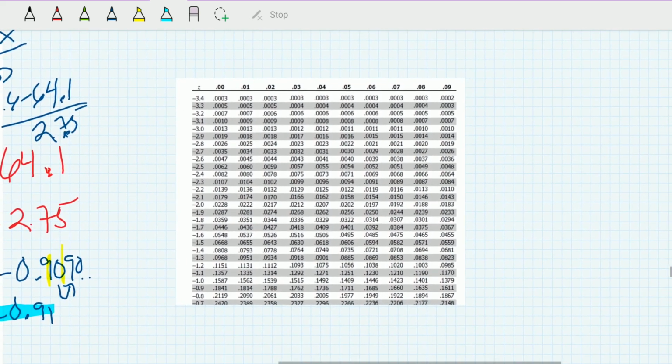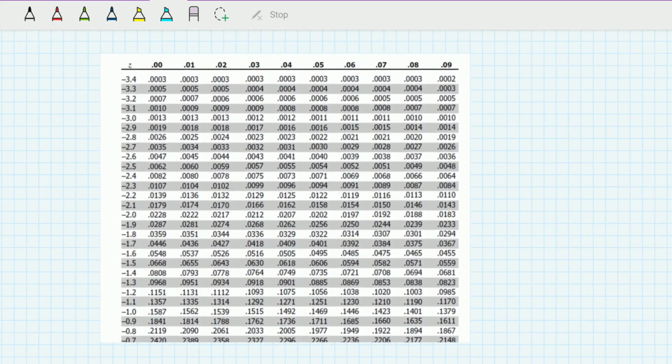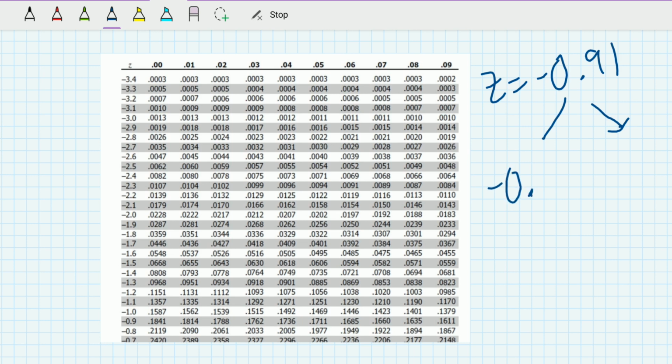Since it's a negative, I already have the negative page here, okay? Remember, you break it up into 2 sections. The first one is going to be the integer plus the tenths place, and then the second one is going to be the second number. Remember, it's always going to be 0.0, and then you just bring that number down, so it's going to be a 1. Okay, so these are the 2 numbers to look for in the table.